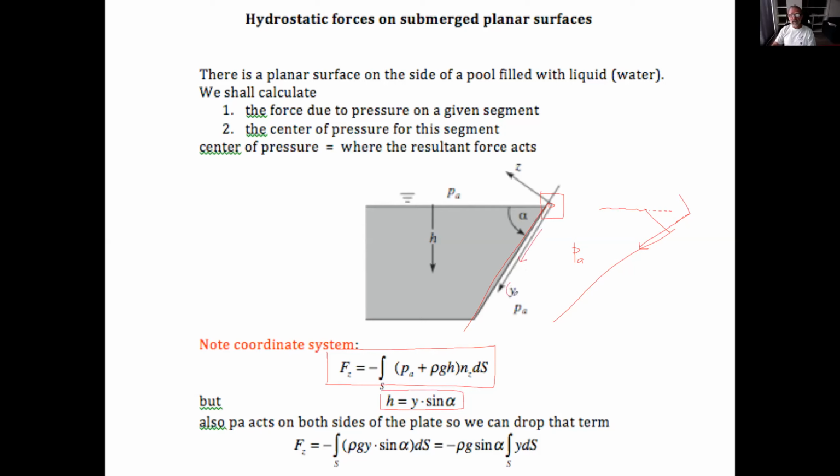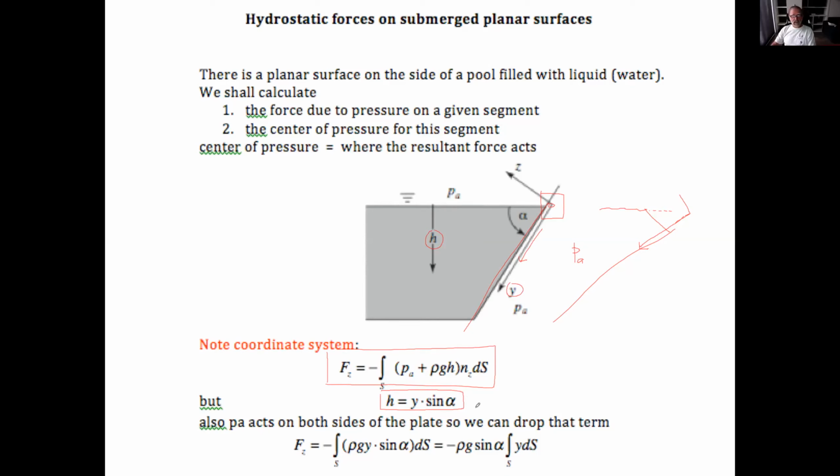So the surface is in terms of Y, but the pressure varies in terms of H. So H equals Y sine alpha, no rocket science here, everybody knows that, but it's important to remember, because some of the integration, unfortunately, is going to be in Y.